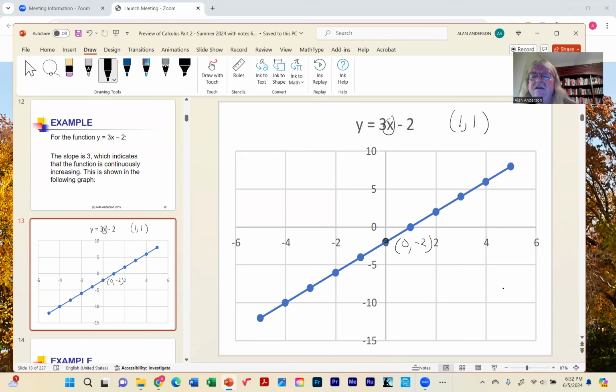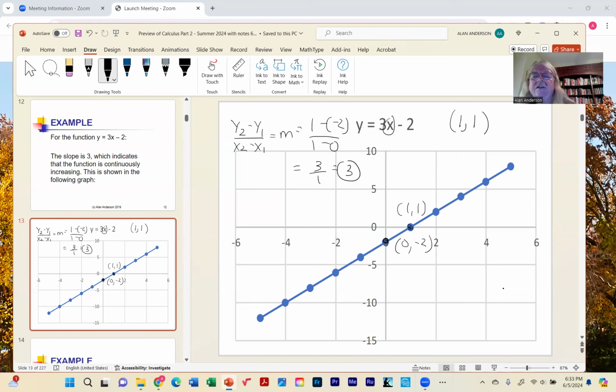So this is a point, and this is a point. And again, we can show that y2 minus y1 over x2 minus x1 is the slope. And that would be 1 minus minus 2 over 1 minus 0, which is 3 over 1, which is 3.